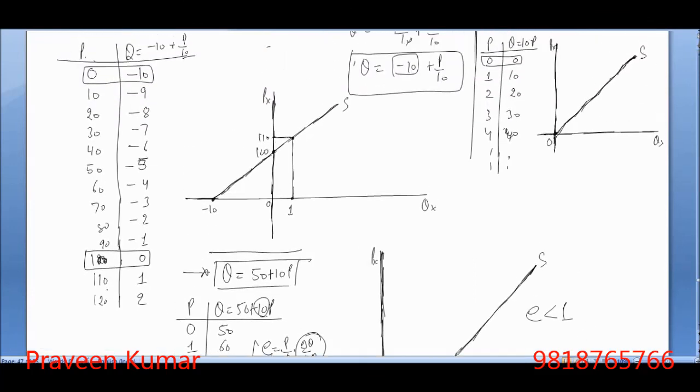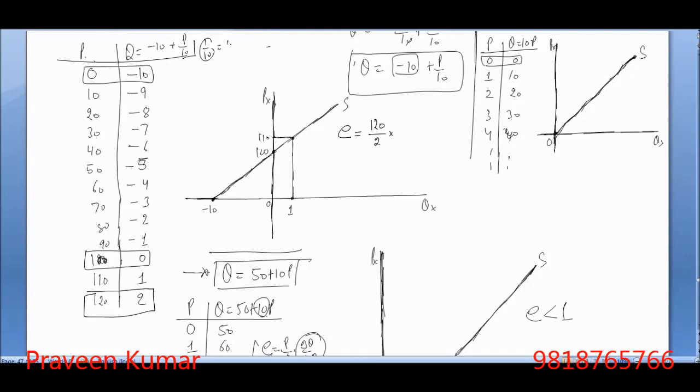Let's try and calculate in this case. Suppose at price 120 we want to calculate elasticity. So in this case elasticity E is nothing but P upon Q. So P is 120, Q is 2, into my delta Q upon delta P. Delta Q upon delta P is 1 by 10, I hope so.